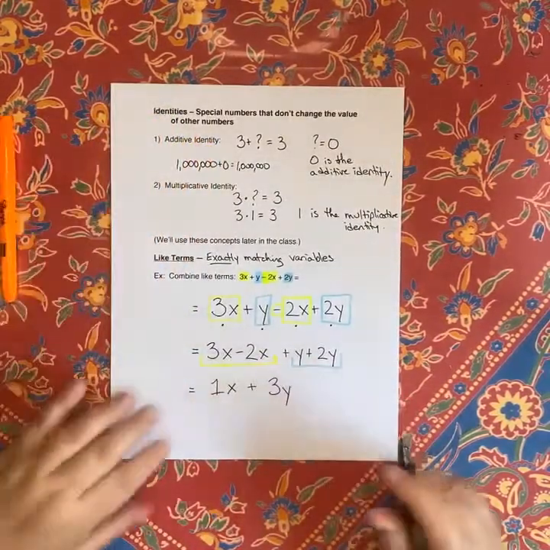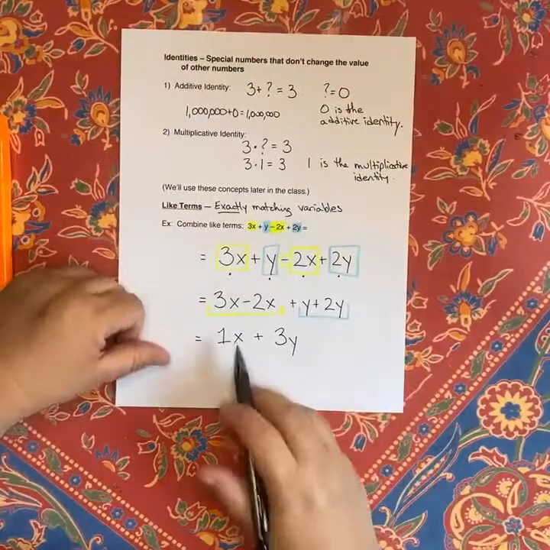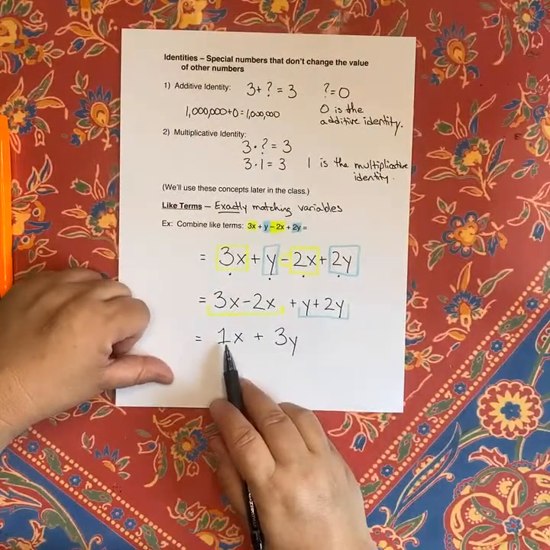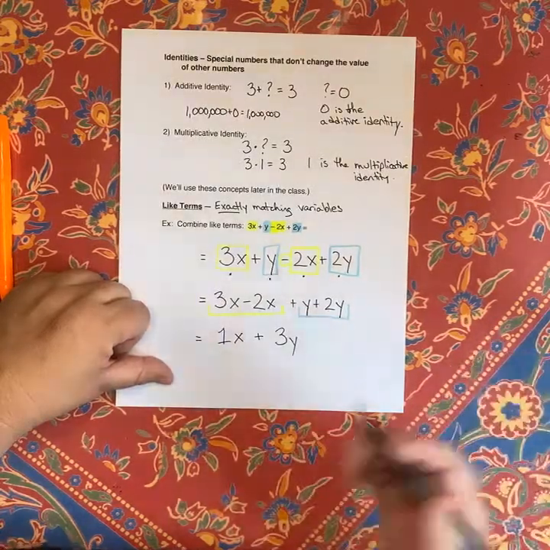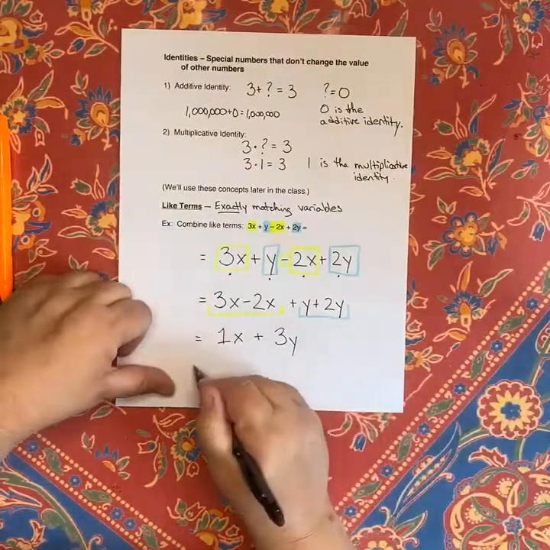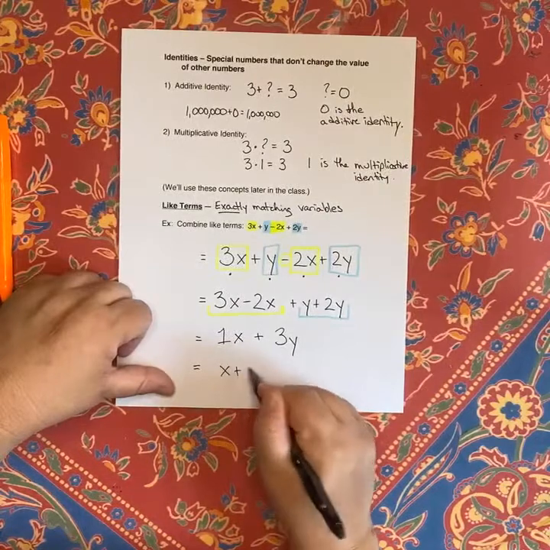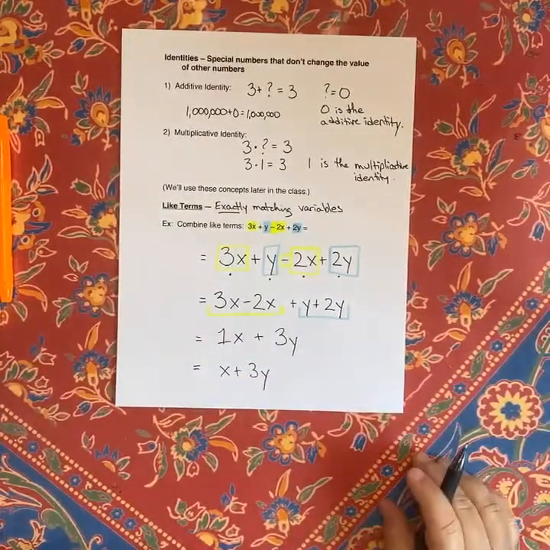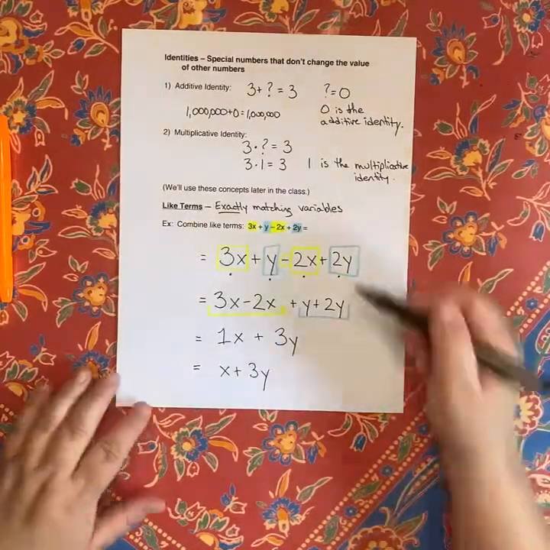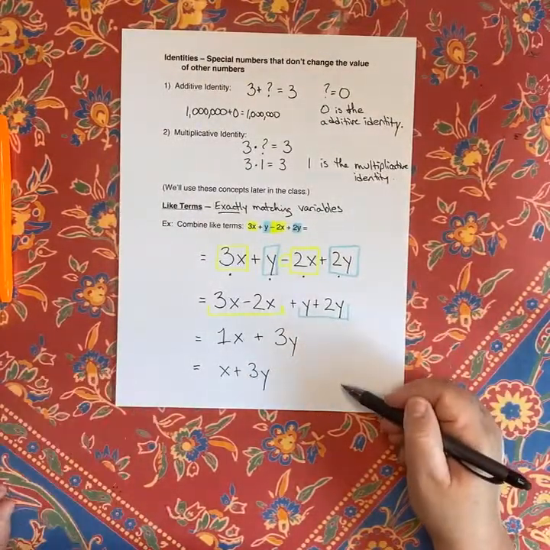And then now I'm going to make it fancy. Generally speaking, we don't put the 1 in front of the x. It's like when you don't say 1 apple, you say an apple. Ta-da!